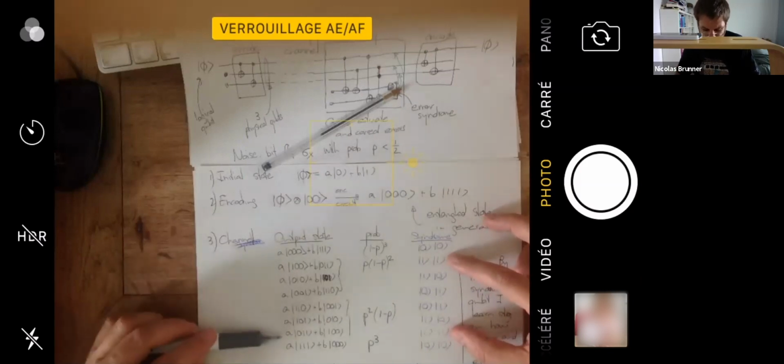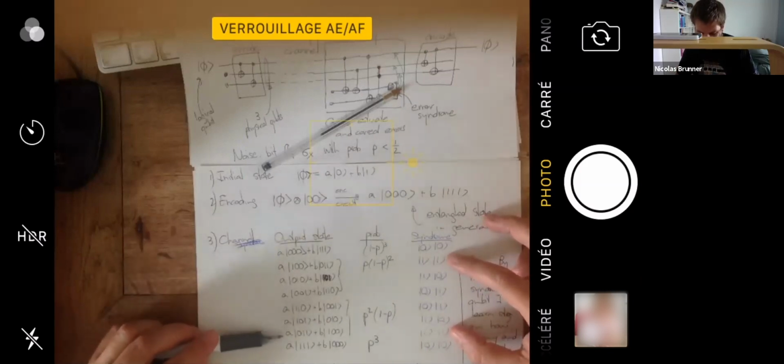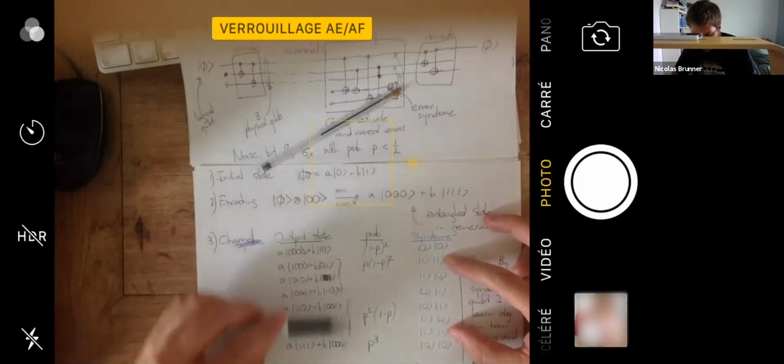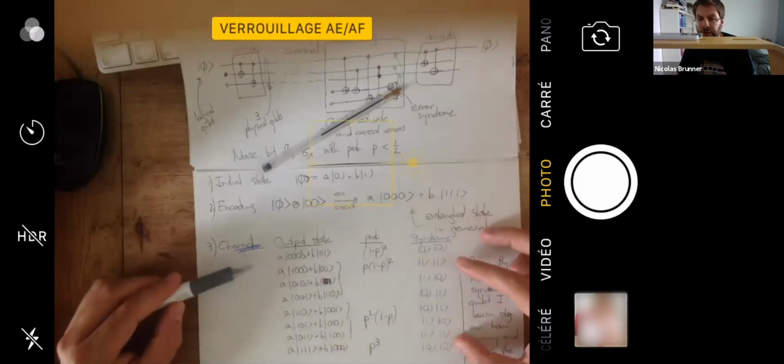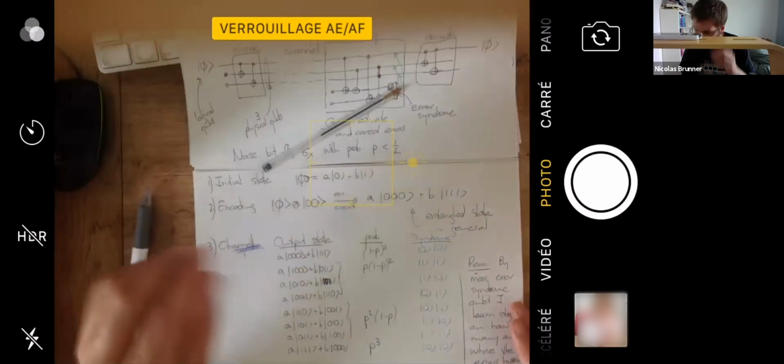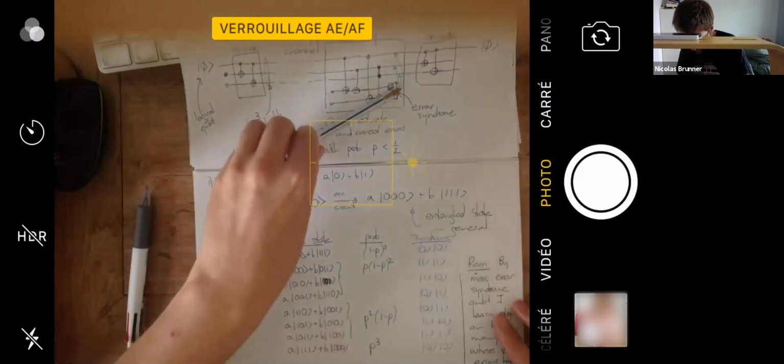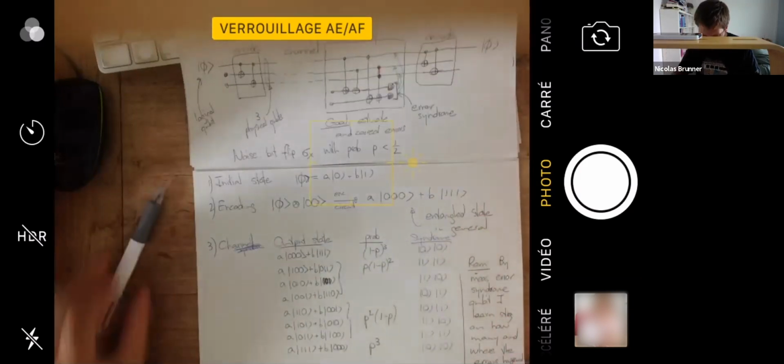Again, I cannot prevent bad cases where it will be this here, where there have been 2 errors, and then my thing will introduce an error. But again, because this is more likely than this, I'm going to win on average. Okay, that's the idea.